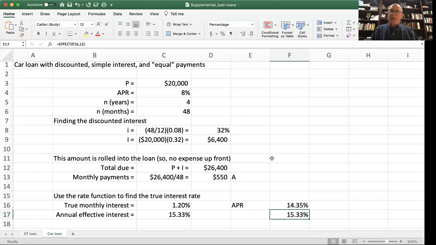So while there may be no prepayment penalty, and in fact, they would encourage you to pay it off early, if you pay this sort of loan off, this simple interest calculation, discounted interest, if you pay that off early, every day you pay it off early, you're paying an effective higher interest rate than you would otherwise. So you don't want to do that.